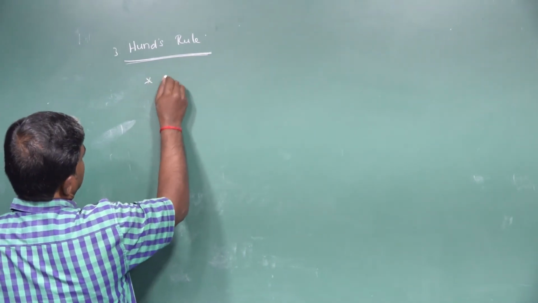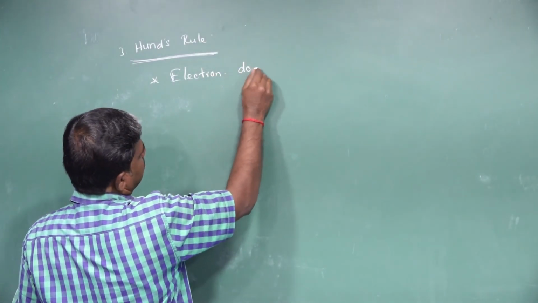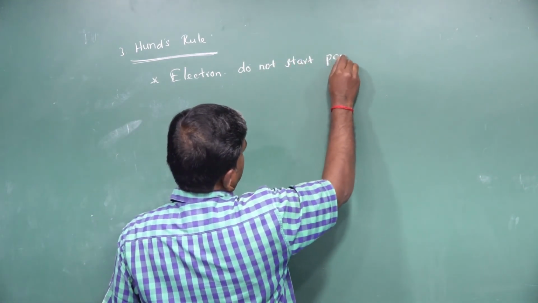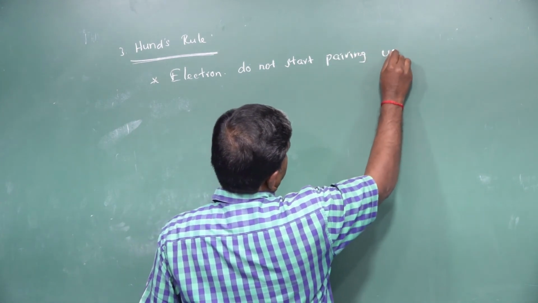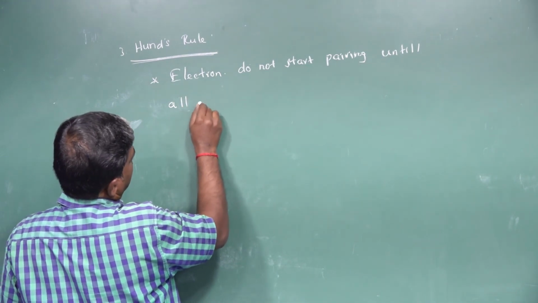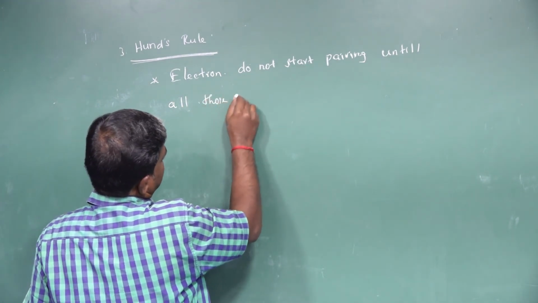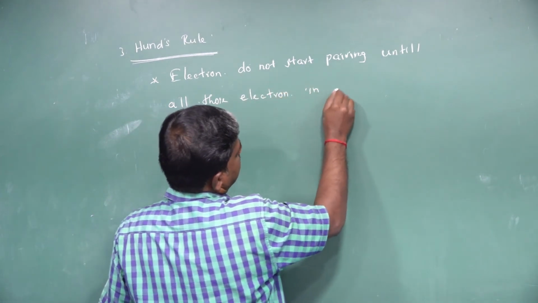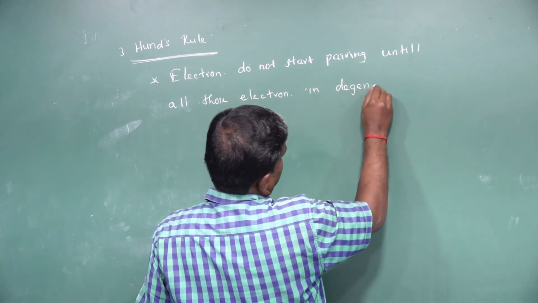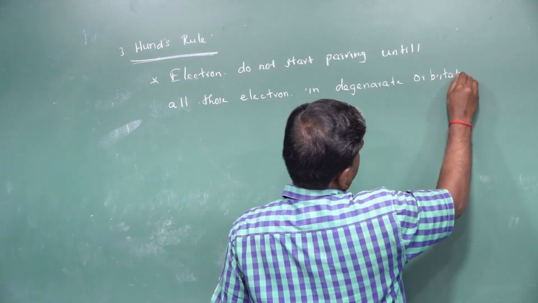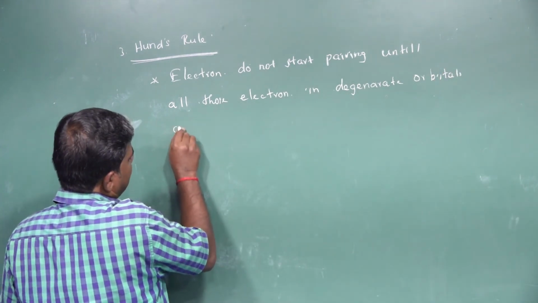So Hund's rule is nothing but electrons do not start pairing until all those electrons in degenerate orbitals are singly occupied.